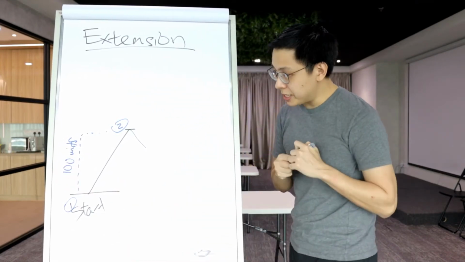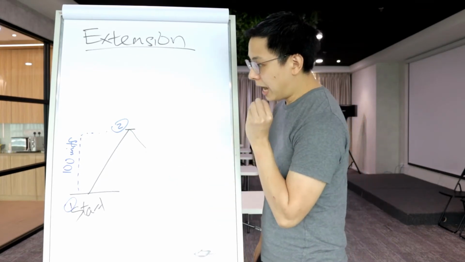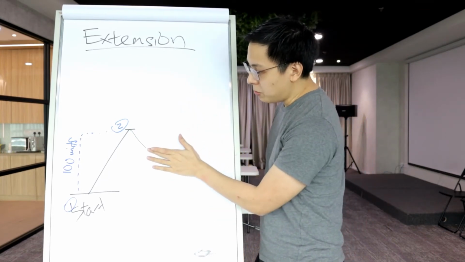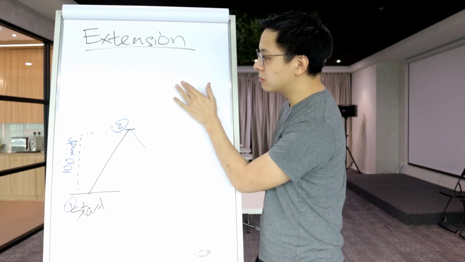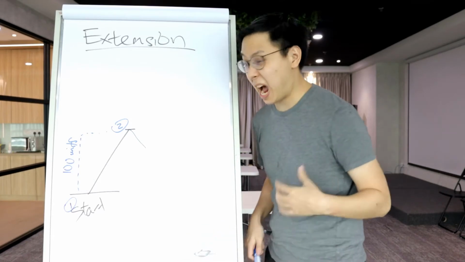After it has formed a retracement and taken a break, the understanding of extension is, from here, how far can price move in relation to this move of, let's say, 100 units.